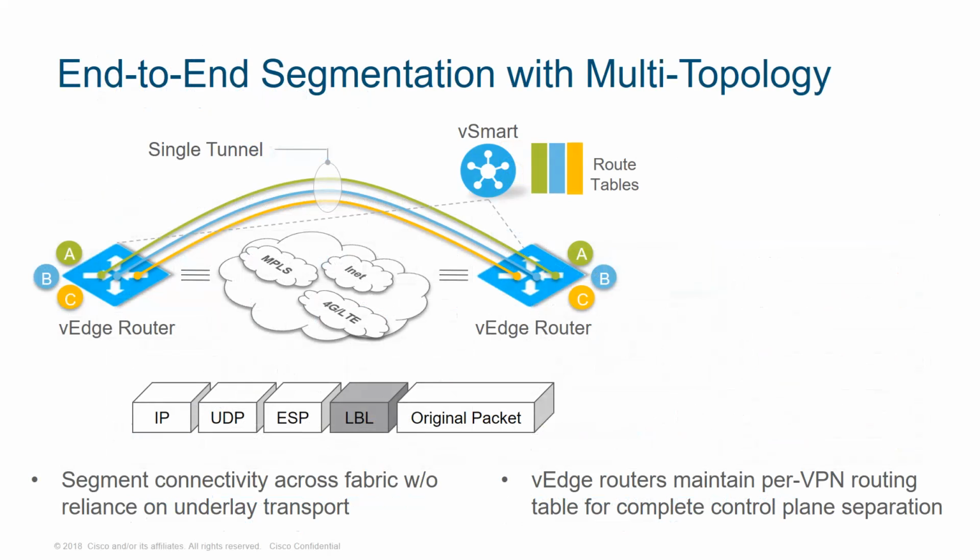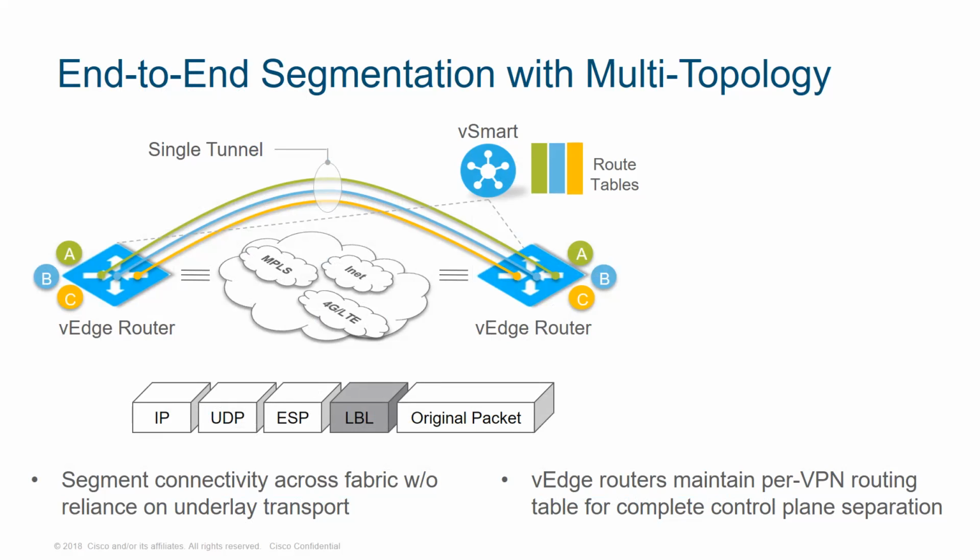So we have the routing table, and segmentation we can consider as L3, a VRF, or in SD-WAN segmentation is equivalent to one VPN, a service VPN. So this is segmentation connectivity across the fabric, relying on the underlay transport.